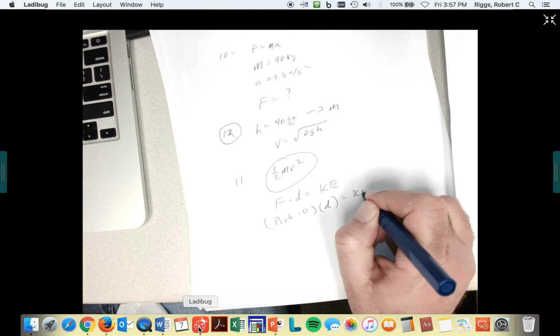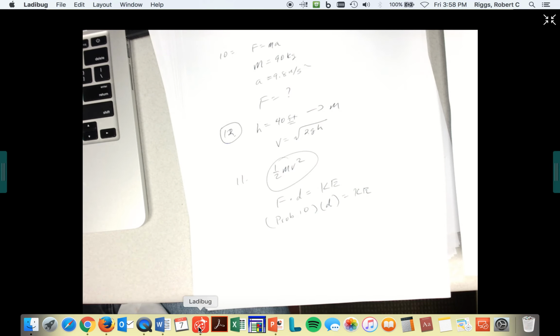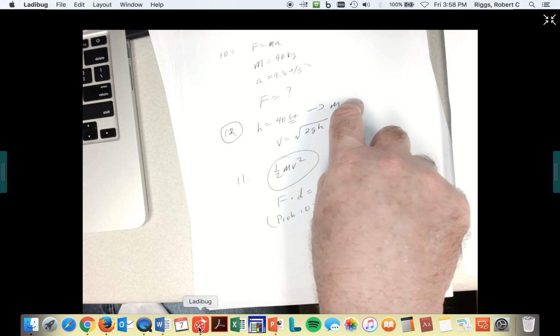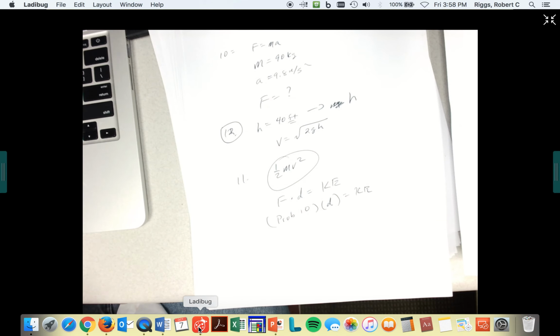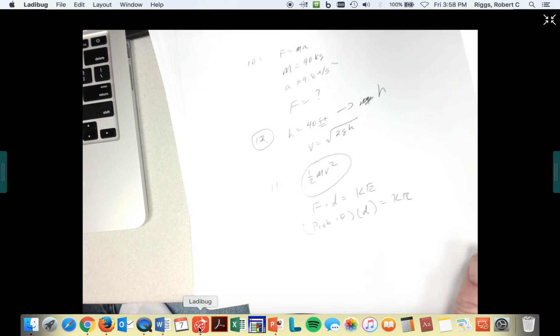That'll equal his kinetic energy also. Okay, so you can do problem 10 times whatever you get here for his height. His height, not his mass. Okay?